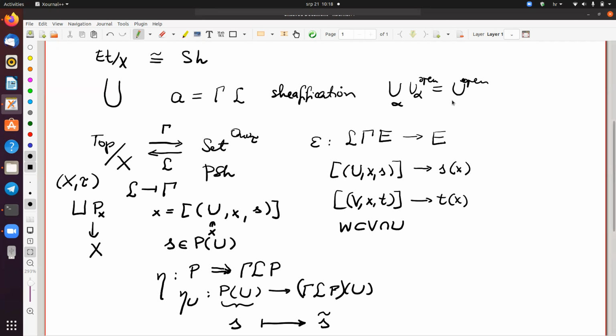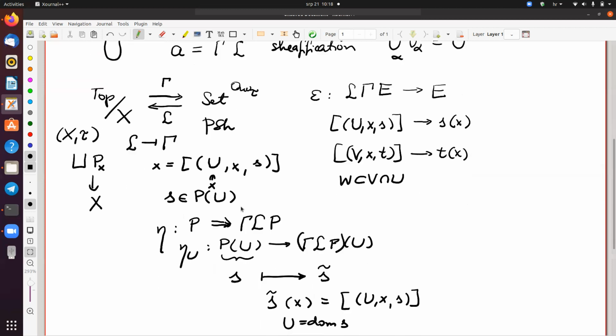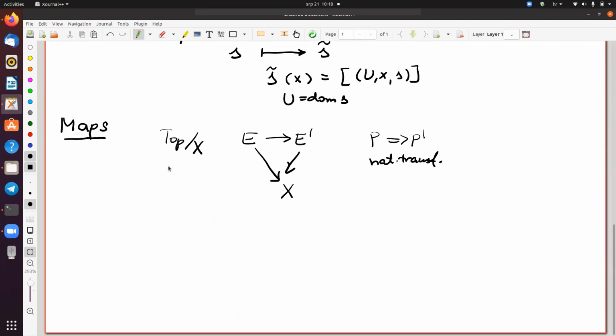These pre-sheaves which satisfy this condition. Old literature called these guys sheaves. So when we talk about this subcategory, then the claim is that these two descriptions describe the same guys.